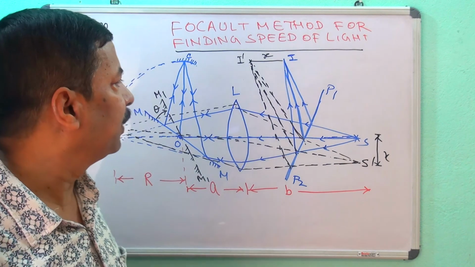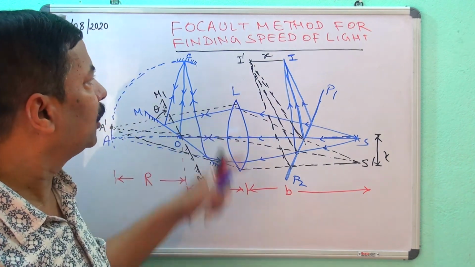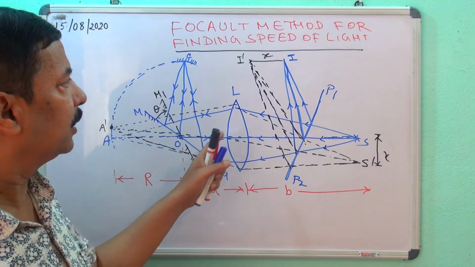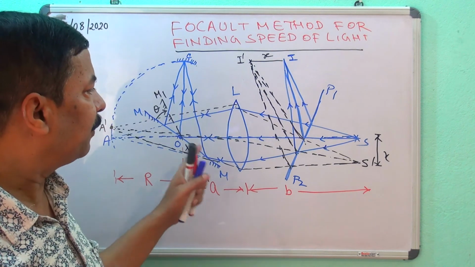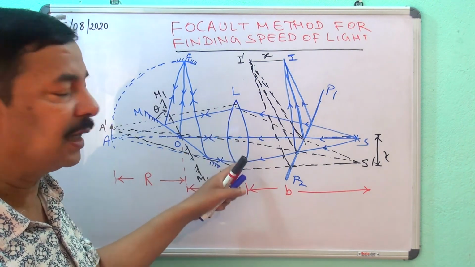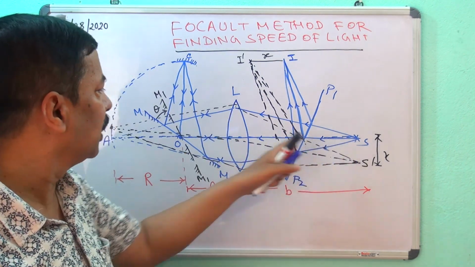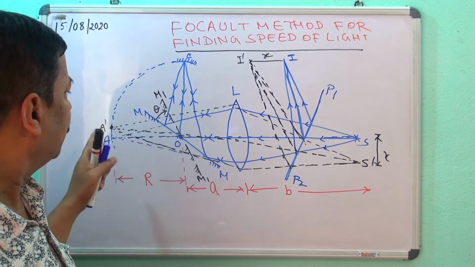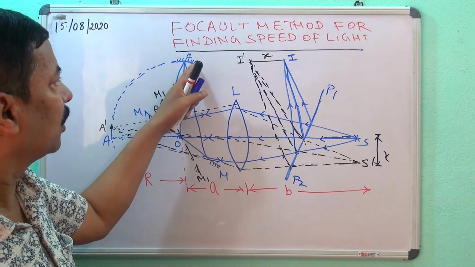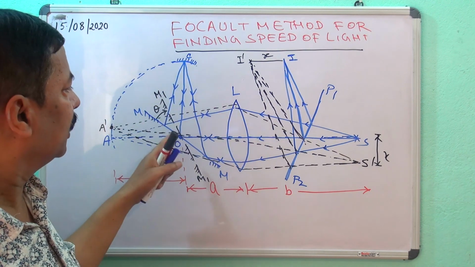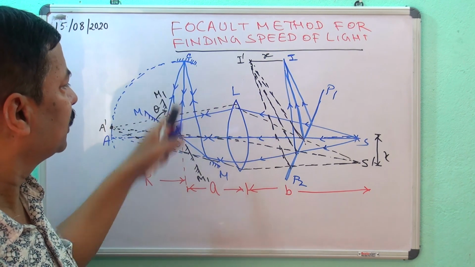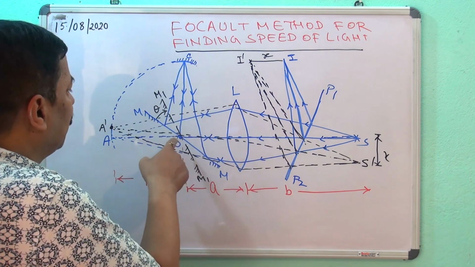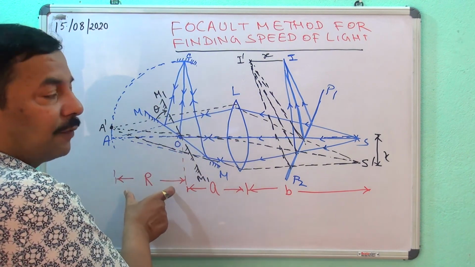So students, we were in the Foucault method for finding the speed of light. In the first step, we have made the lens, we have made the source, we have made the plane mirror M, and the image and the concave mirror. OC must be equal to OA, that is the radius of curvature.